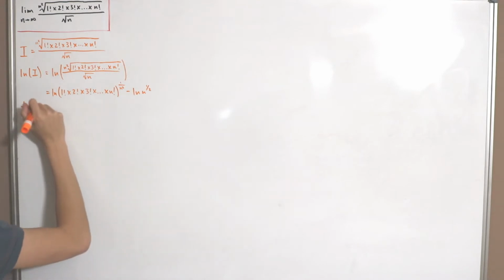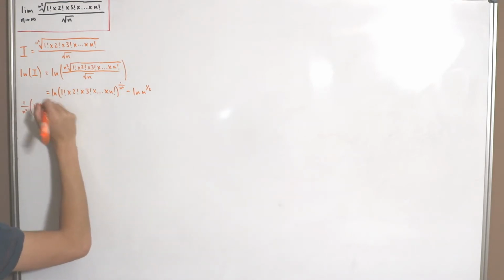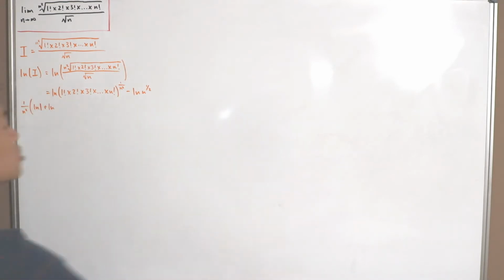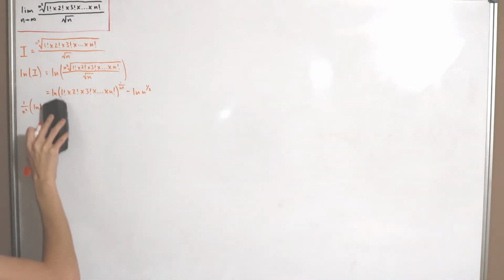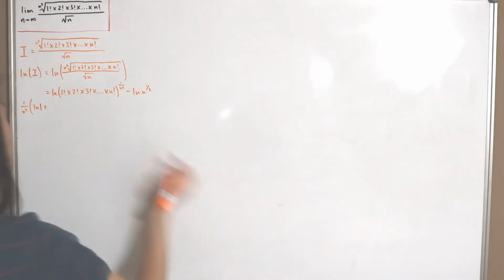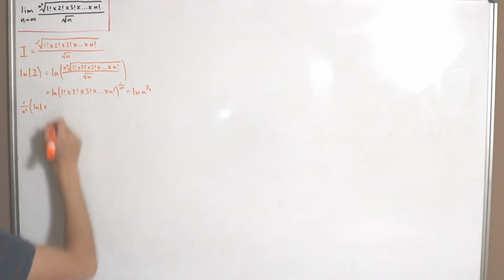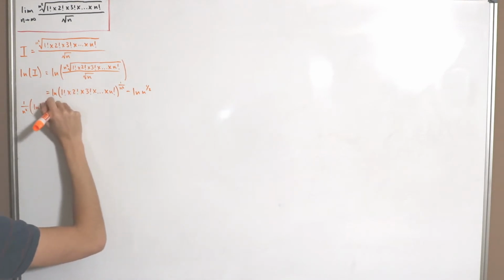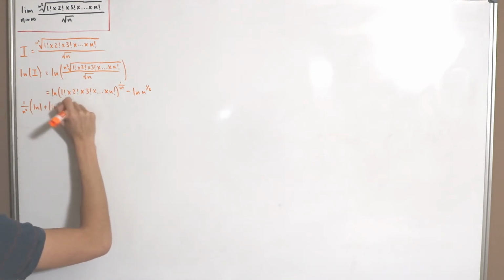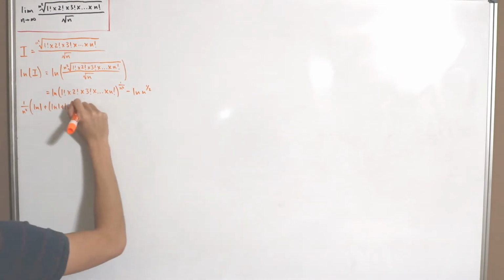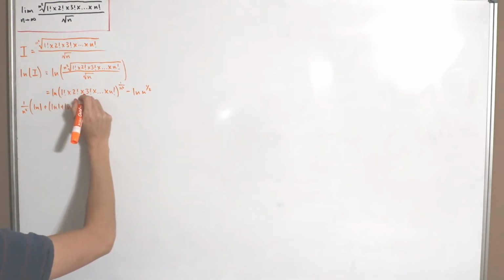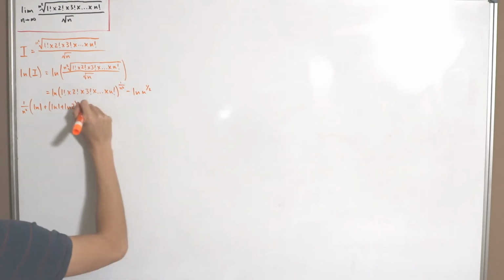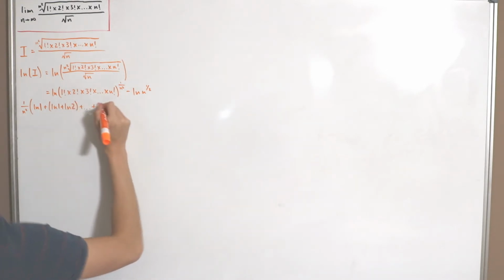So ln of 1, plus ln of 2 times 1, which means ln of 1 plus ln of 2, plus ln of 3, and you get the gist, so I'll skip to the last term.